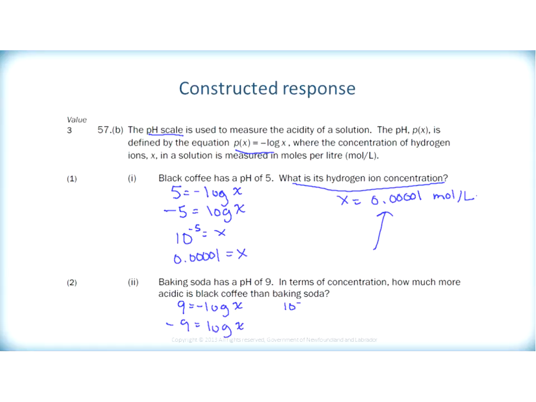And of course, 10 to the negative 9 equals x when we change it to exponential form. So we have 10 to the negative 5, which is black coffee, divided by 10 to the negative 9. We're trying to compare how many times more acidic black coffee is than baking soda. And this will give us 10 to the 4, which is 10,000 times.